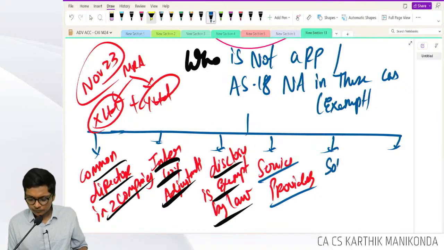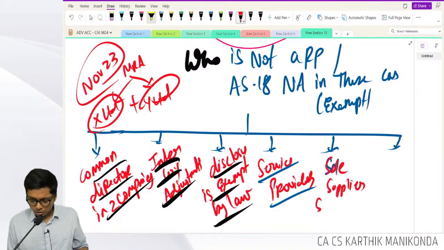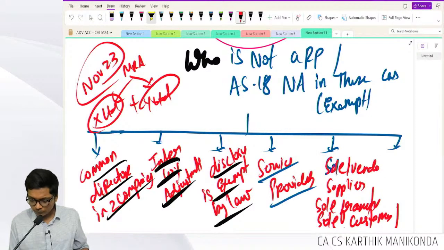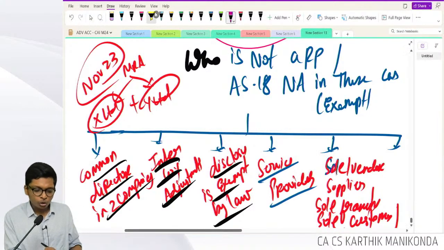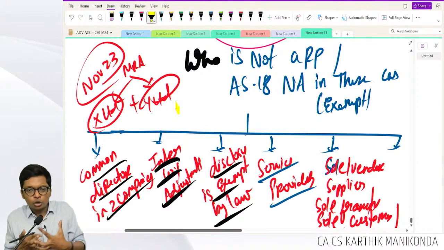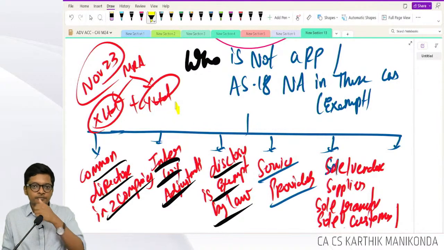Next, sole supplier, sole franchise or sole customer or sole vendor. Are you following, guys? Sole supplier, I am buying all the goods only from one person.